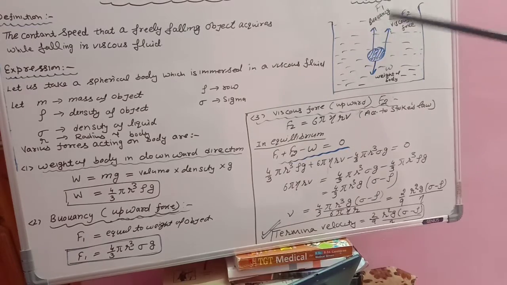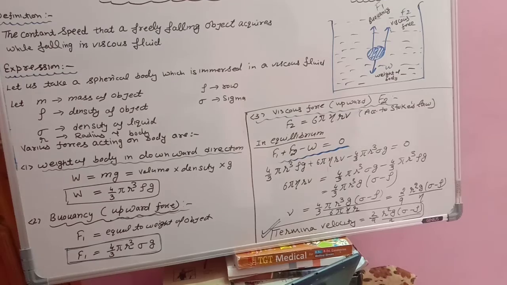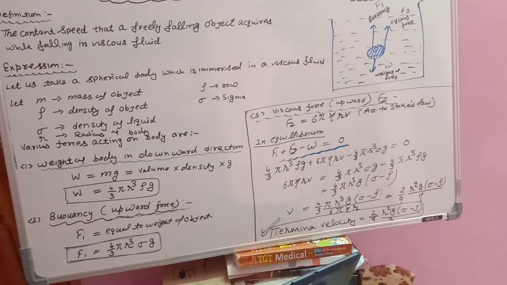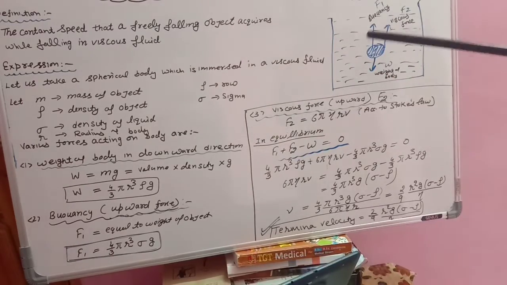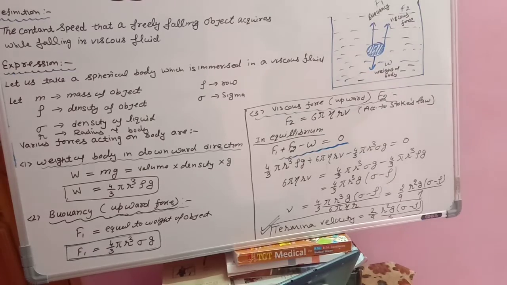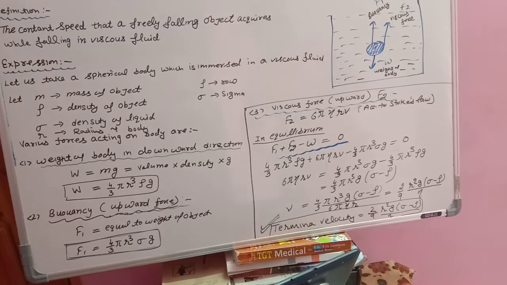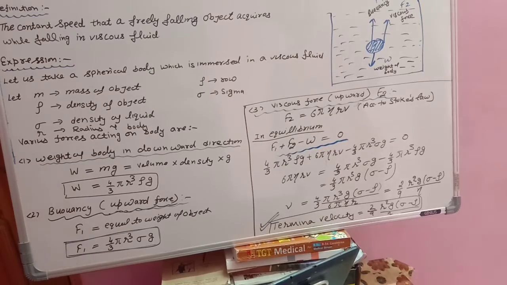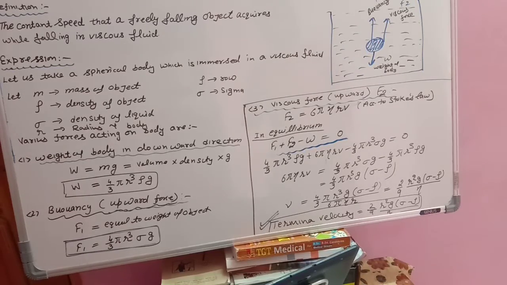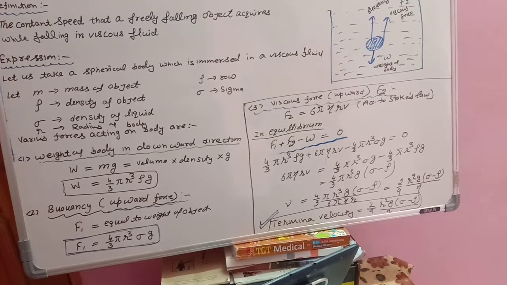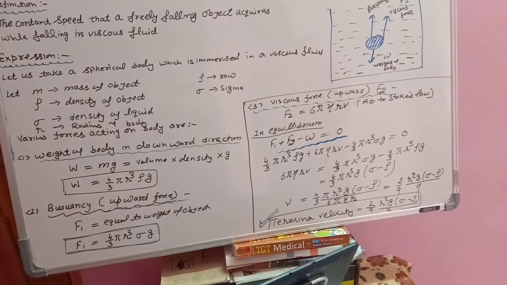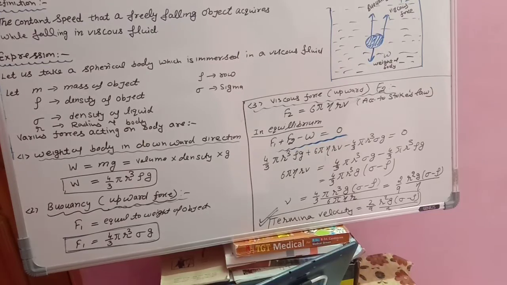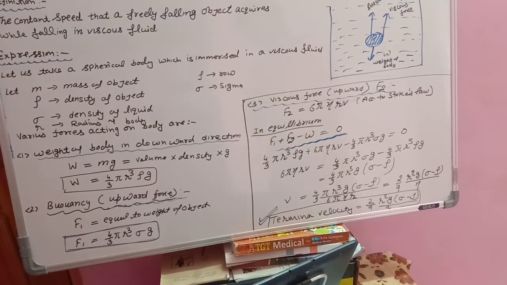In the diagram I have immersed one spherical body and the variables of the spherical body are given there. Students, whenever the spherical body is dipped in viscous fluid, first it will come down with full velocity, but after some time it will acquire a constant velocity and some resistance would be there which will resist the velocity of the spherical body.